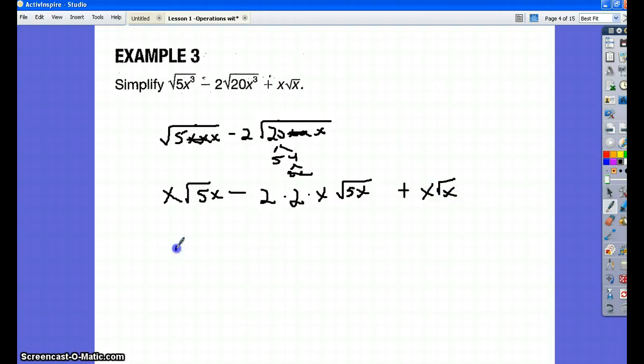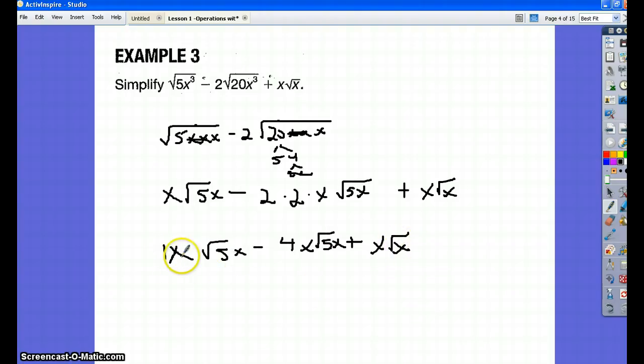So now let's look at this. This is going to be x square root of 5x minus 2 times 2 times x is 4x square root of 5x plus x square root of x. So with that, this x has a 1 in front of it. We just don't write it. So we can combine the square root of 5x and this square root of 5x because they're the same. However, we can't combine this because this is just the square root of x, not the square root of 5x.